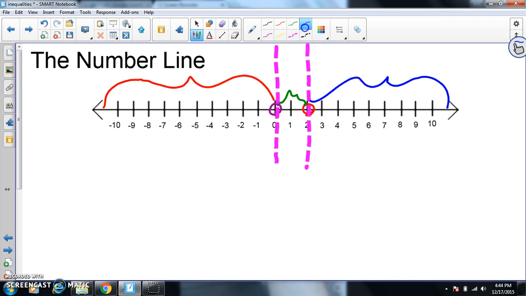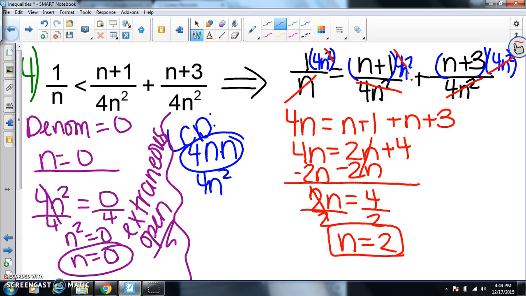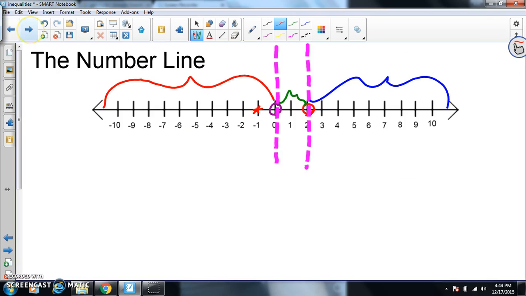If the test point solution is true, then that region will be part of our solution set. So for red, I'm going to choose -1. I'm going to plug it into my original inequality.